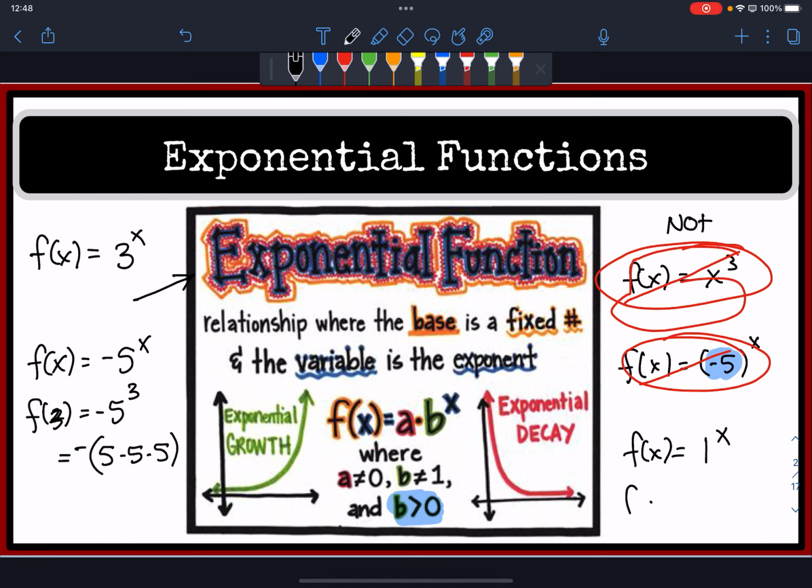So it wouldn't make a difference if I'm raising 1 to the 10th power or to the 100th power. My answer for both is still going to be 1. So it's not going to curve upwards. It's just going to be a horizontal line and not an exponential situation.